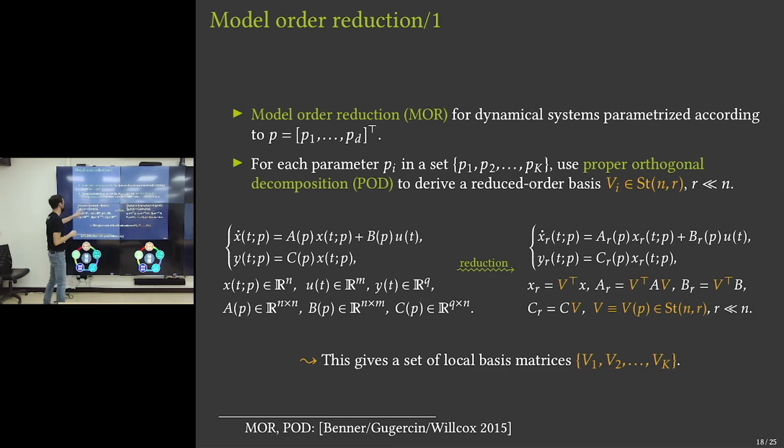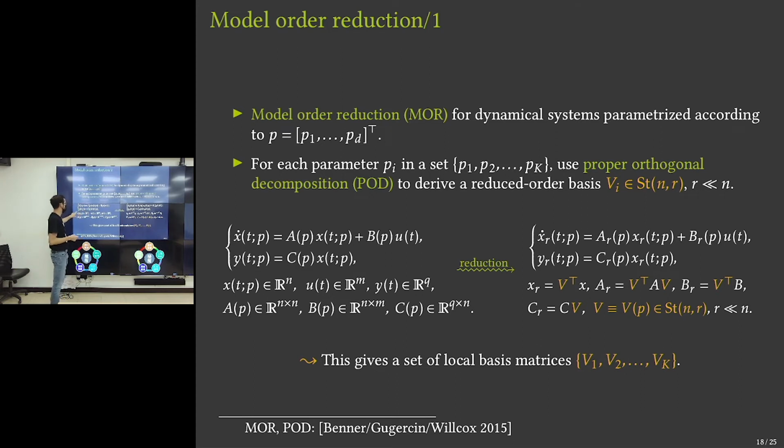So this is a dynamical system. You don't need to understand everything, but this is just an ODE with some matrices A, B, and another, coupled through X and another matrix.